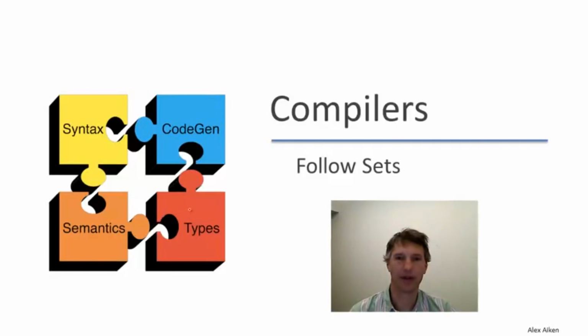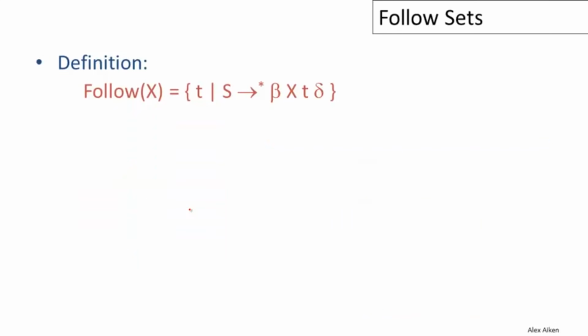In this video, we're going to continue our discussion of the construction of LL parsing tables by taking a look at how we build the follow sets. So here's the definition of follow of X, and recall that the follow set for a given symbol in the grammar isn't really about what that symbol can generate.